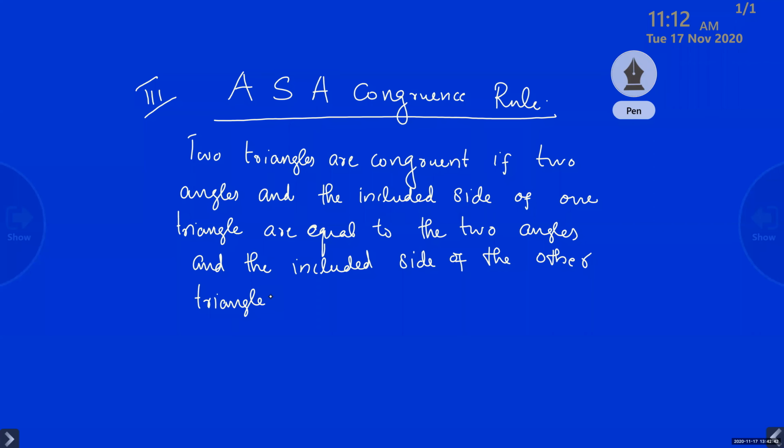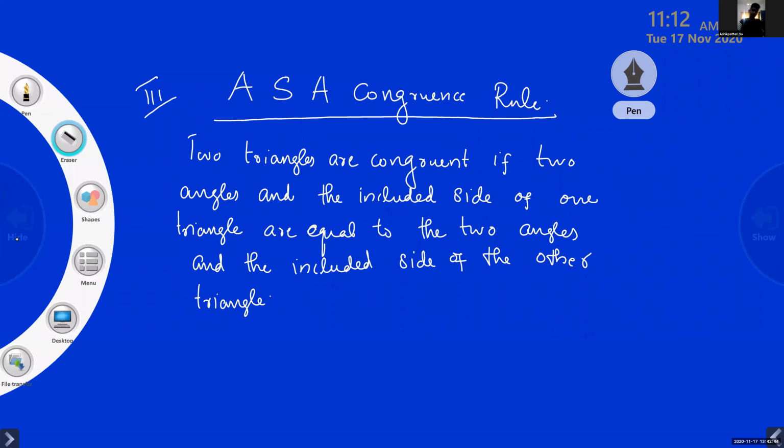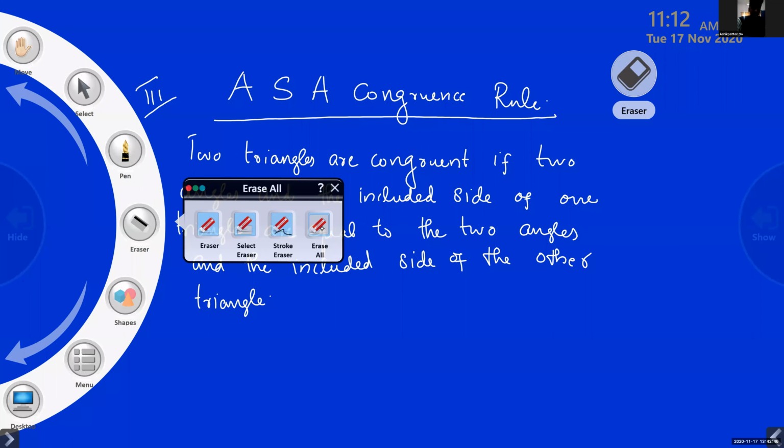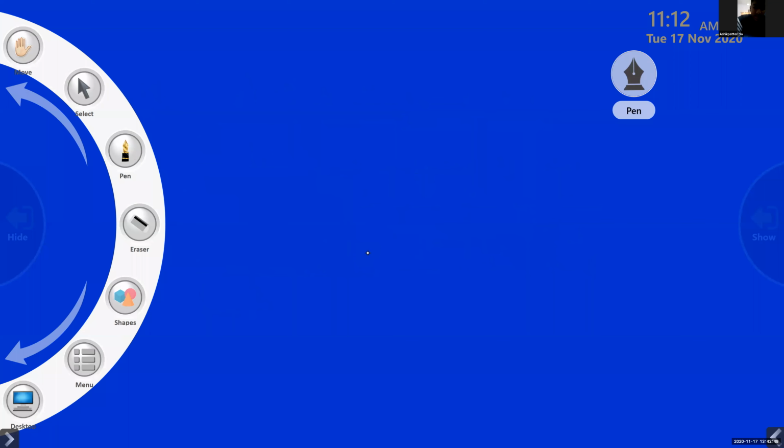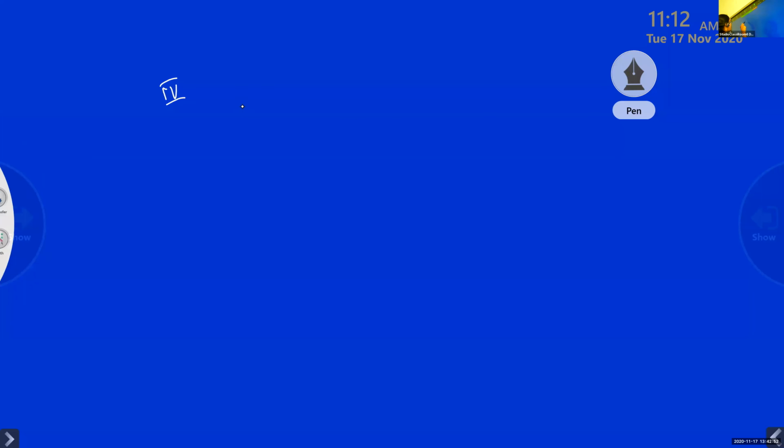And the fourth one, do you remember the fourth one? The fourth one is the RHS congruence rule. Do you remember this? RHS congruence rule.